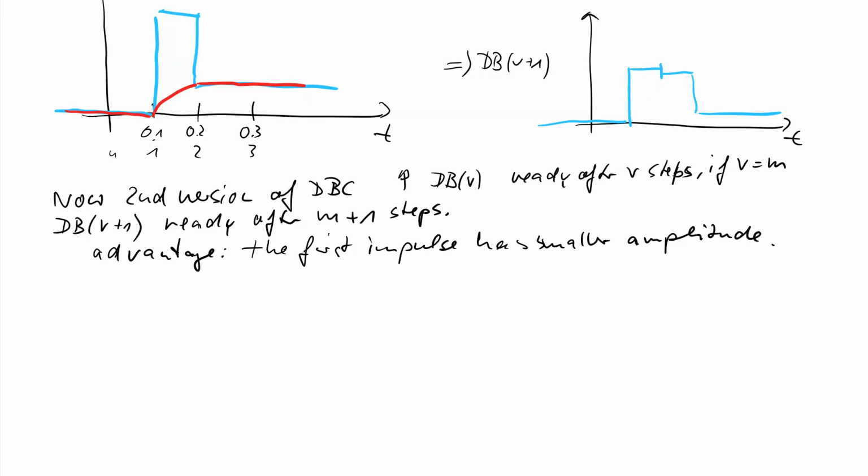How large this amplitude is, we can define. If we make this smaller, then imagine that this will be higher. Or if this will be higher, then of course this will be lower. It depends on the choice of the first amplitude, the first Q0, and that is the idea.